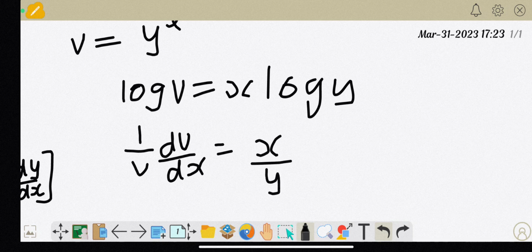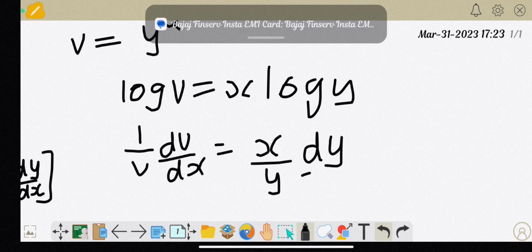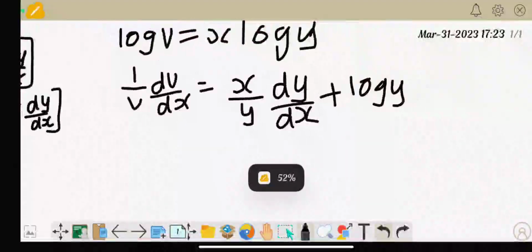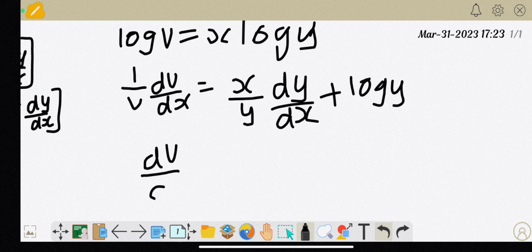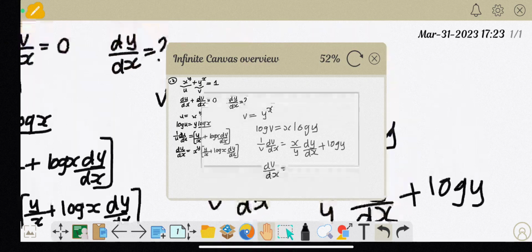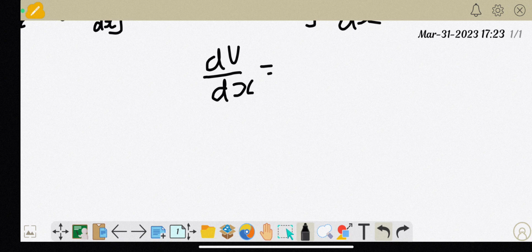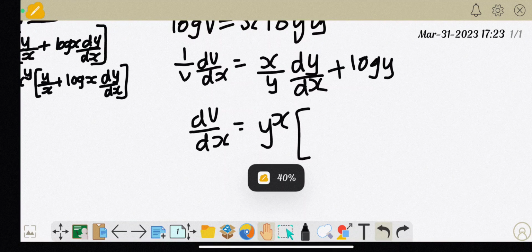Differentiation of log y is 1 by y dy by dx, correct? Then plus second into differentiation of first. So second term is log y, differentiation of first, x is 1, so just log y, correct? Then next step, dv by dx is equal to v, and v is y to the power x, right? So here v, send it to this side. So y to the power x into this term.